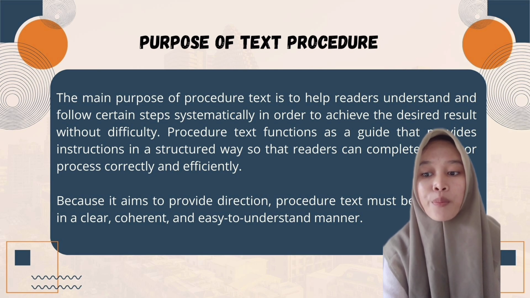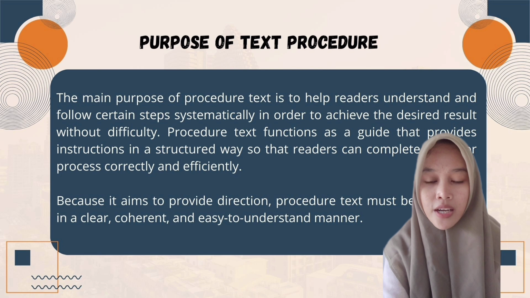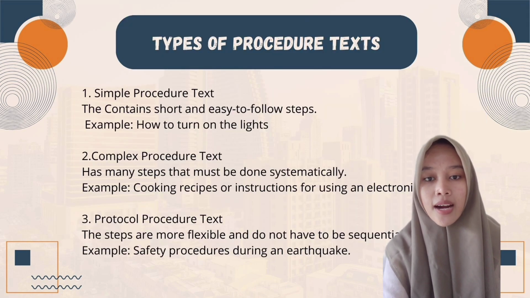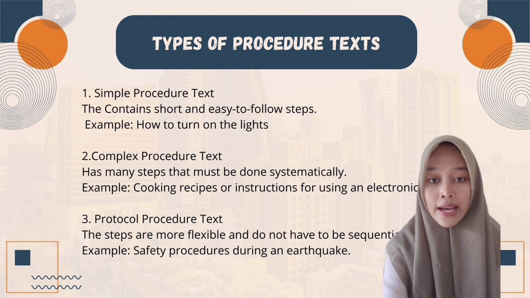Because it aims to provide direction, this procedure text must be organized in a clear, coherent, and easy to understand manner. If the procedure text is not clear and coherent, the reader will be confused and the result will fail.